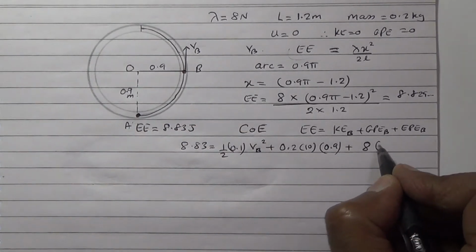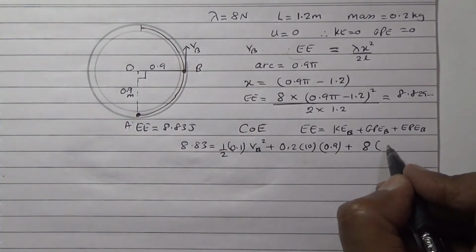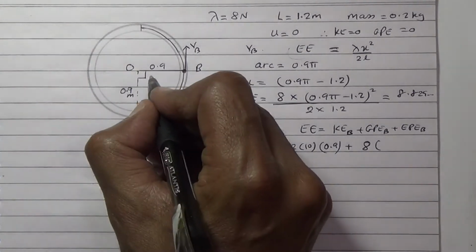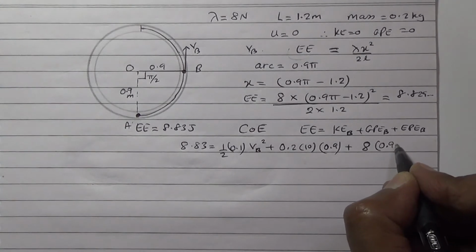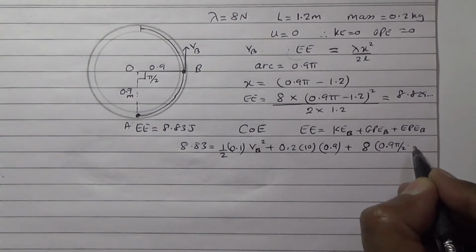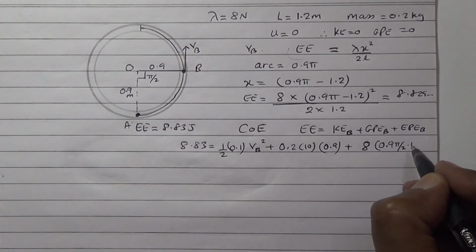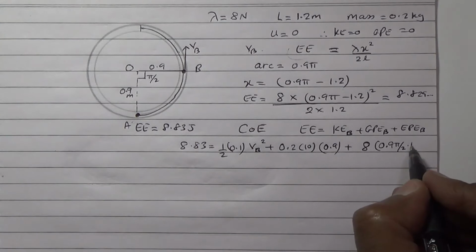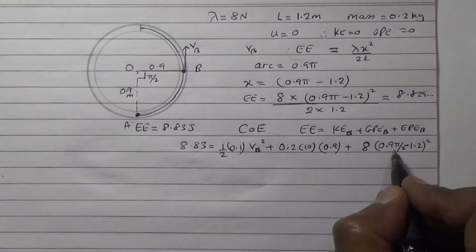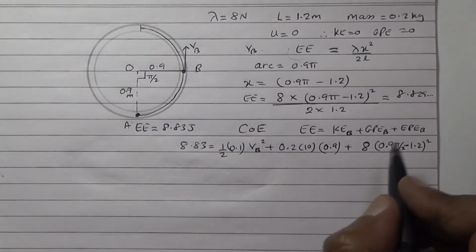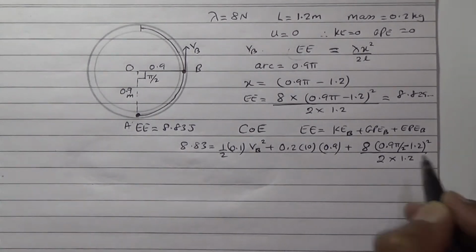The arc is 90 degrees, so that's pi upon 2, so that's 0.9 times pi upon 2 minus 1.2, and all of that squared. I'm sorry for the confusion, this last term is the elastic potential energy, divided by 2 times the natural length, 1.2.